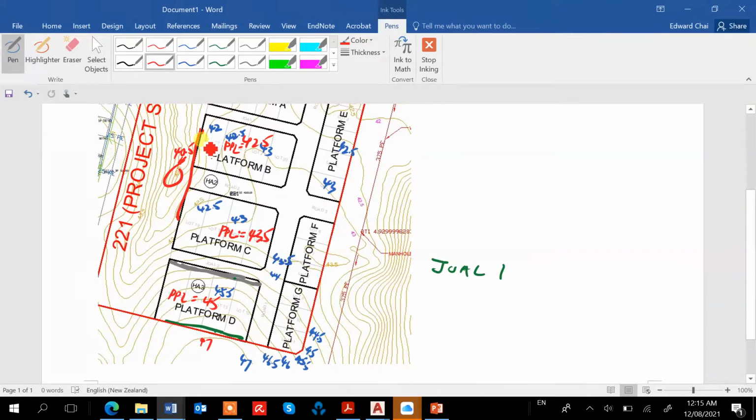The ground in this part is probably about 42, 41.5, and then this one needs to be a vertical wall. So we cannot have this natural slope because it's quite steep, so we need to have a vertical retaining wall. Okay, so that's about the retaining wall.